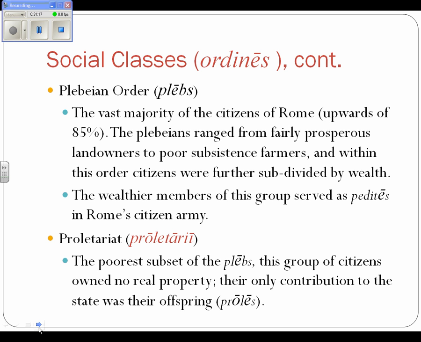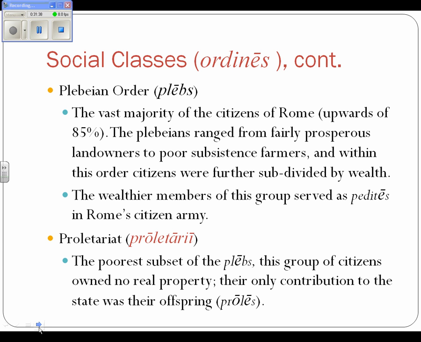Remember, the senatorial class, maybe 2% of Rome's population. The equestrian class, maybe 13 to 15% of Rome's population. The plebeian class, which was really a very wide spectrum of people, made up about 85% of the population.